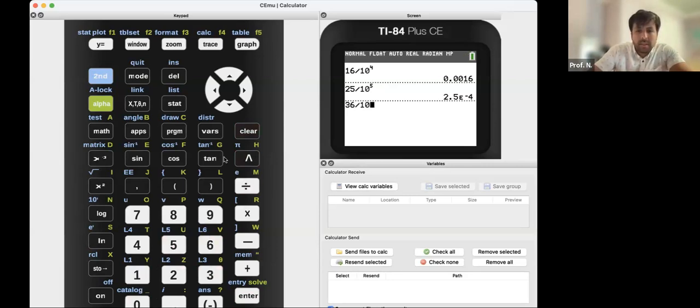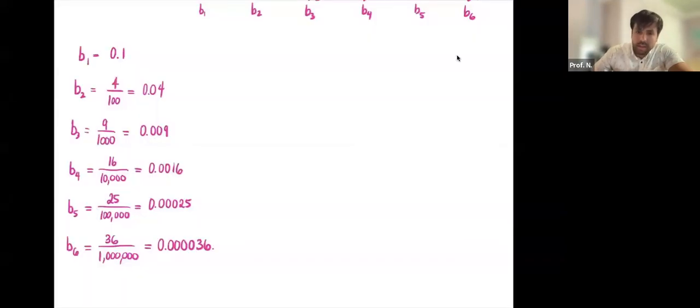10 to the 6. And again, going back to mathematics done in elementary school and middle school, you move the decimal point to the left, right? The point is now I have a number where the first 4 digits are 0.